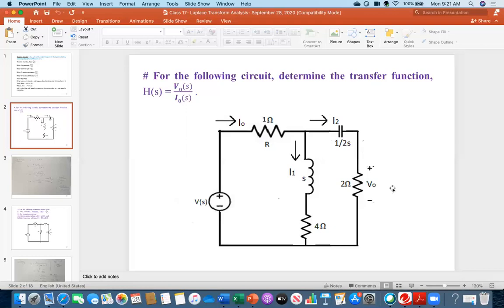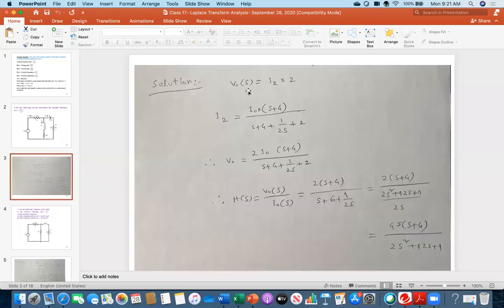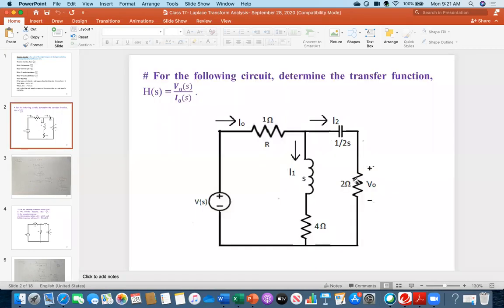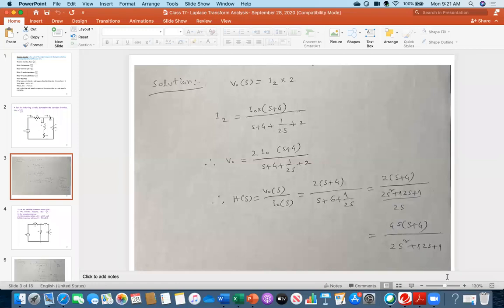Yes. So therefore, now let's have a look, see the calculation here. First, I have written that V0 is I2 multiplied by 2. So this means I am simply writing this first. V0 is 2 multiplied by I2. That's why I wrote it that way.